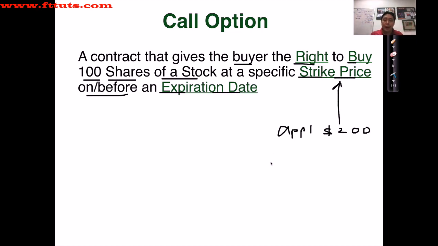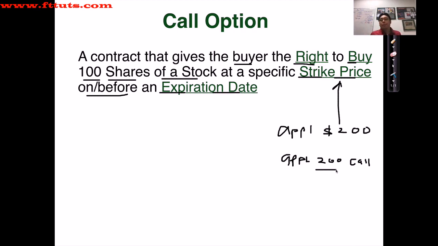You could buy an Apple 200 call. Okay, so 200 means the strike price, which is the price which you lock in. So in other words, when you buy this call option, you now have the right to buy Apple shares at $200. You have locked in the price.